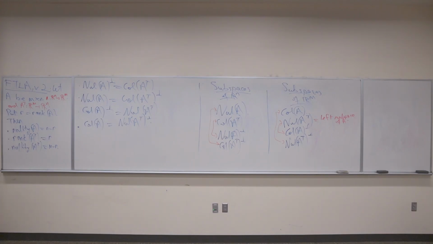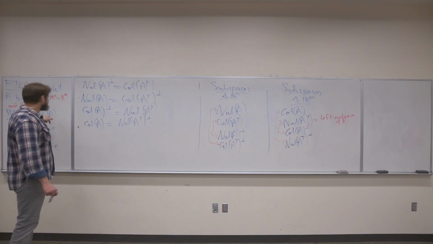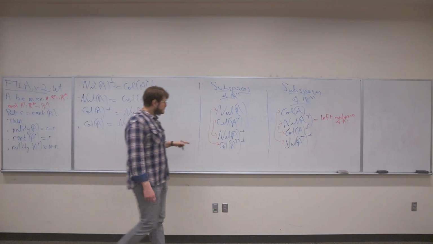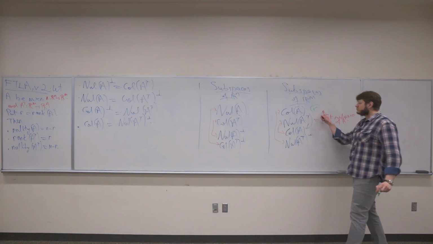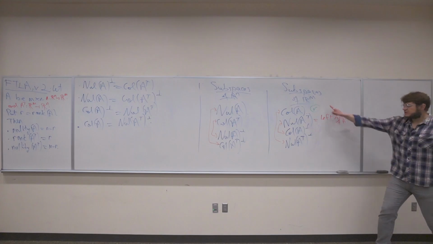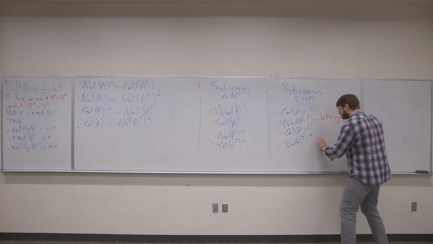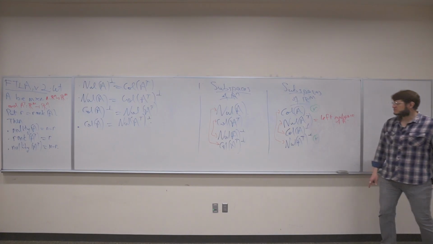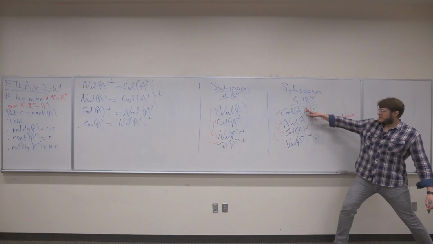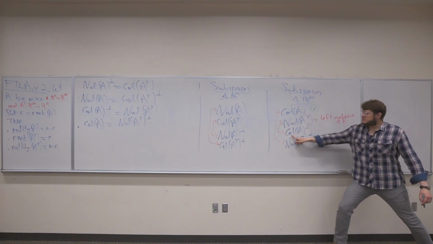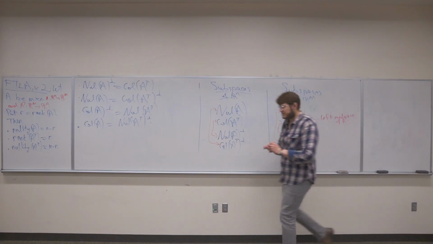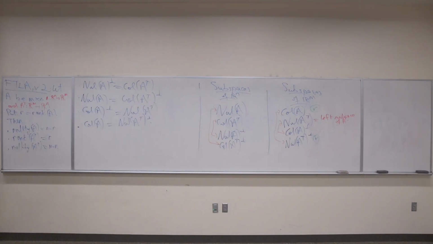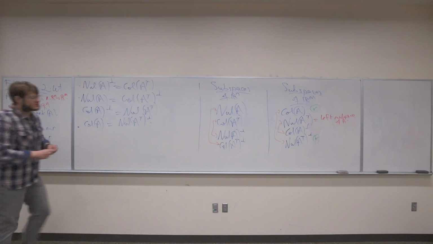Finally, in terms of dimensions, remember I said rank of A is R. So column space of A is R-dimensional. This guy is the same thing as this. This is also R-dimensional. Whenever you have a subspace, the dimension of its perp is going to be M minus R. So let me remind you of a rule that I mentioned last week.